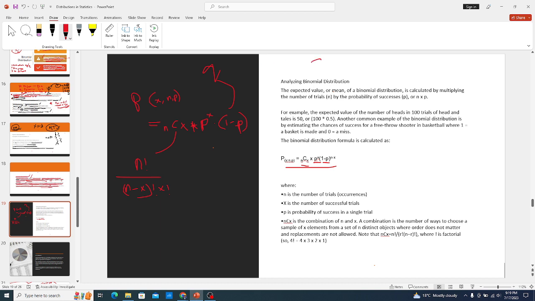Remember that we said q plus p is equal to 1: probability of failure plus probability of success should give us 1. So 1 minus p is our probability of failure, raised to n minus x. 1 minus p raised to n minus x.